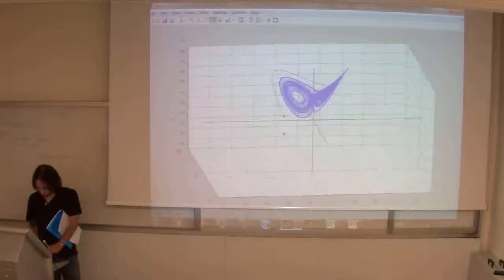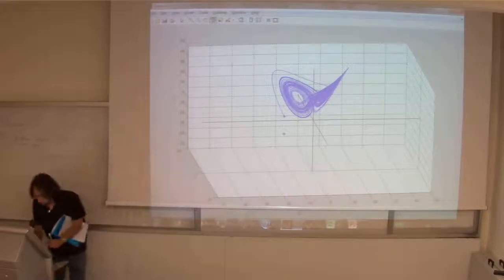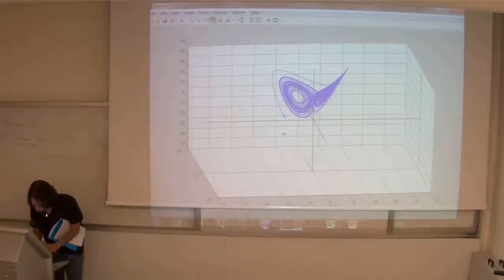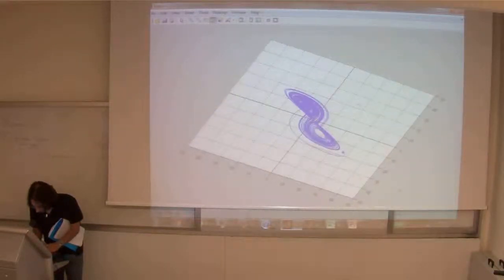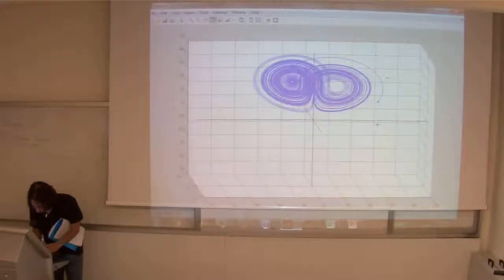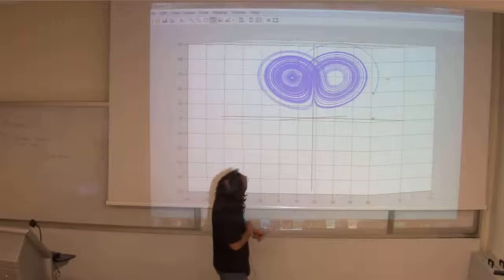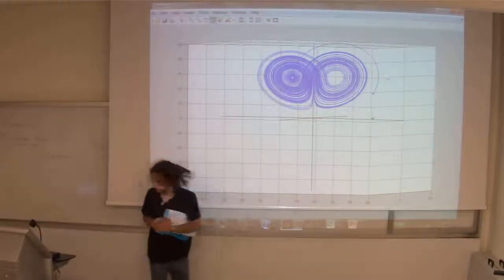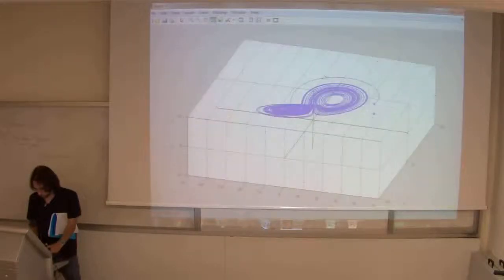And the system basically, maybe we can get a better view. Yeah. Okay, this is good.